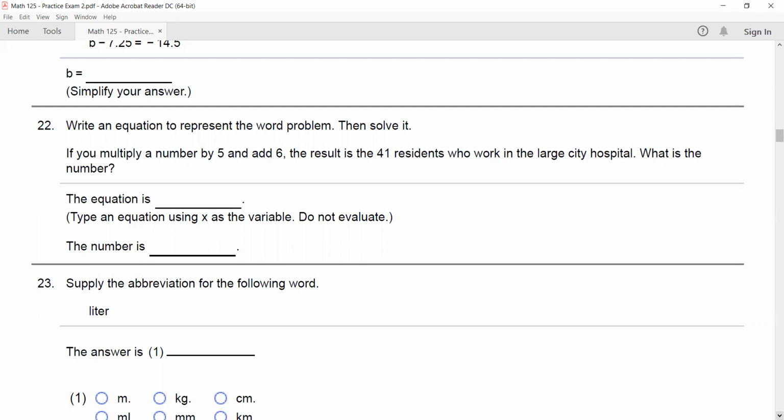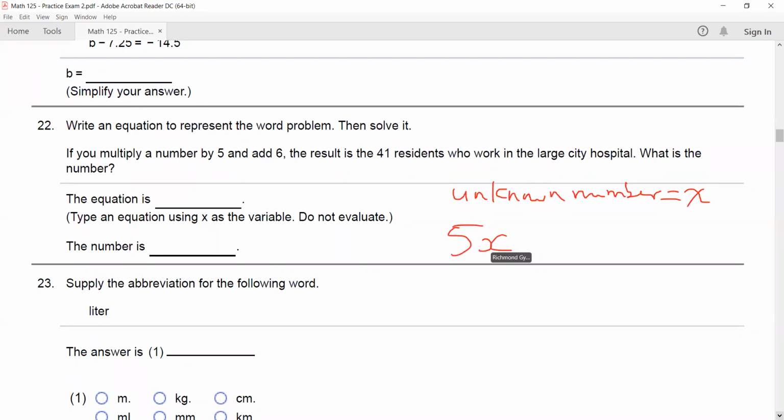So let's start. If you multiply a number, so let that number, the unknown number, be x, right? Okay. So if you multiply a number, that is my x, by 5, that is 5 times x.